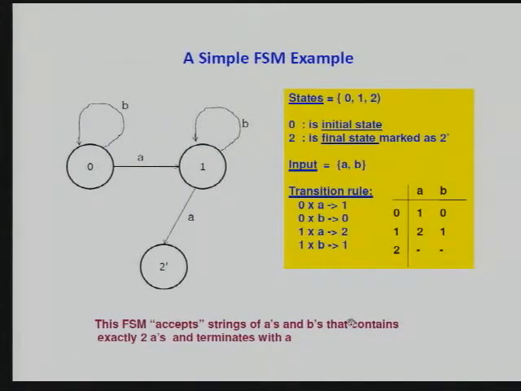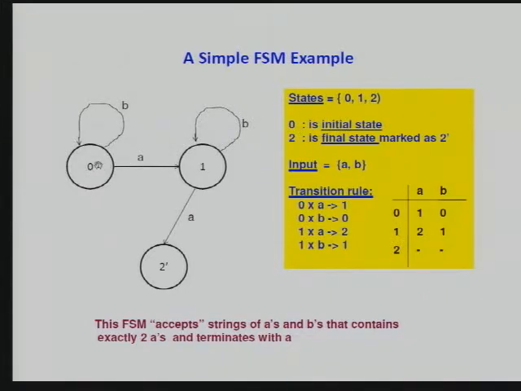Here's another state machine. That's a very simple example. This machine accepts strings of A's and B's that contain exactly 2 A's and then terminates with an A. In this particular case, I've got states 0, 1, and 2. 0 is the initial state.